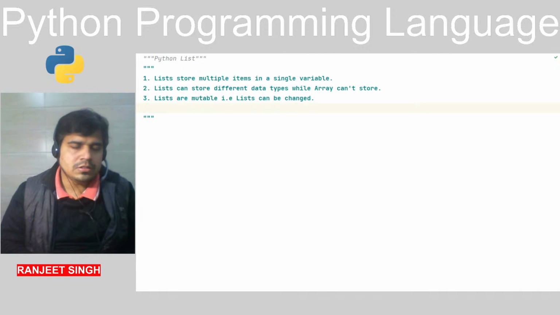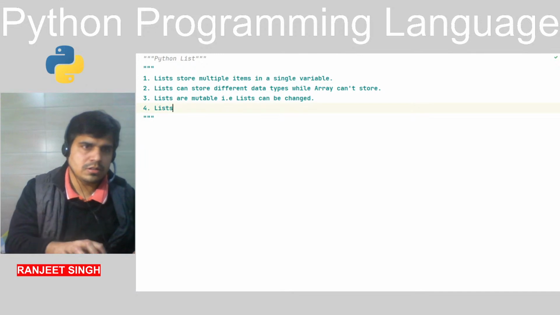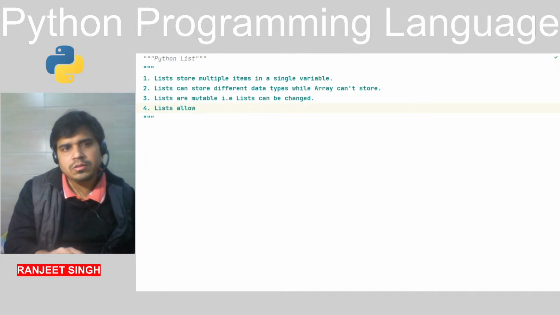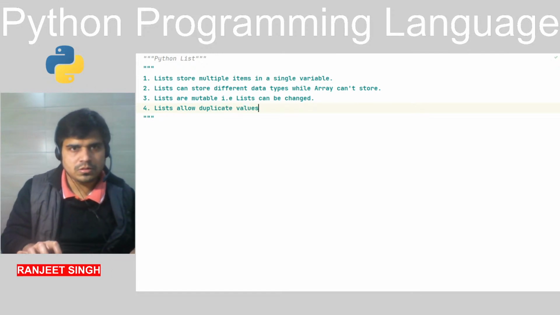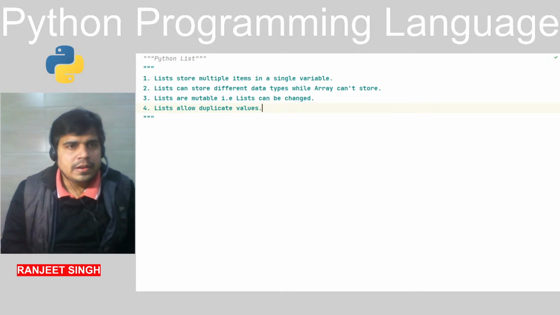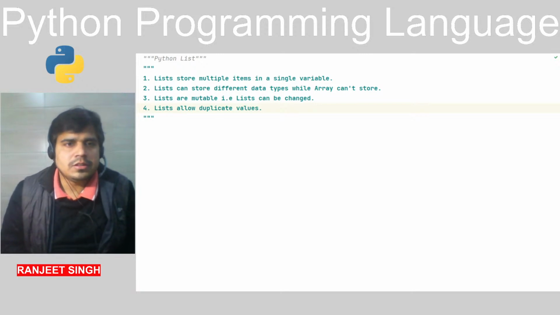If you create the list, then you can change the items in the list. So lists are mutable or changeable, right? And lists allow duplicate values. You can insert duplicate items in the list, so it accepts duplicate items.